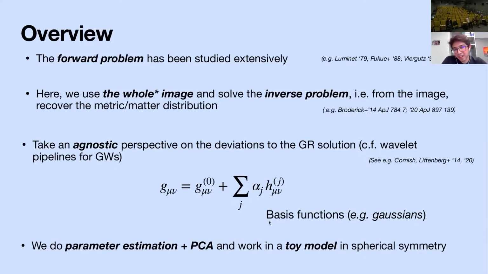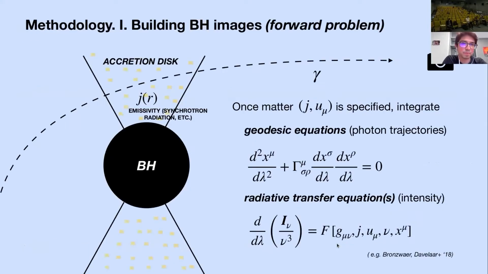In general, this is a very complicated problem since the astrophysics has many parameters, and also gravity could have many parameters like spin. But in this work, since this is a proof of principle that this type of approach works, we make many simplifications, and essentially we work with a toy model in spherical symmetry.